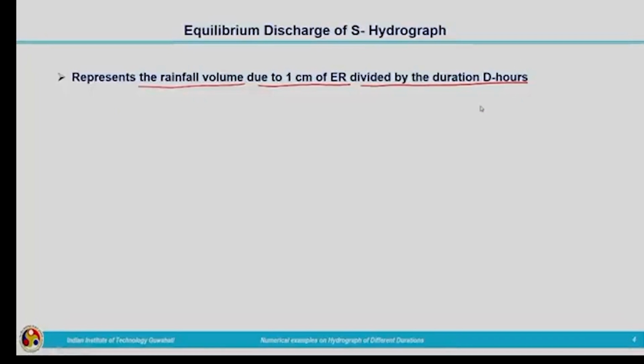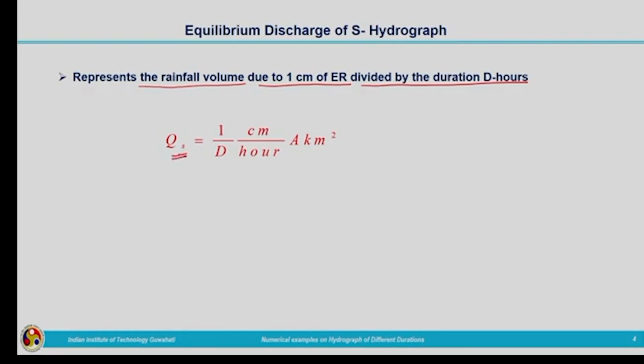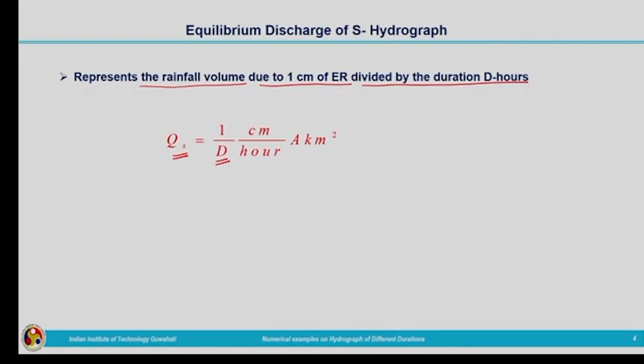So, this equilibrium discharge represents the volume of rainfall due to 1 centimeter of effective rainfall divided by the duration D hours. That is how we get the equilibrium discharge QS. Our intensity is 1 by D, 1 centimeter for a duration of D hours, and it is acting on the catchment area capital A kilometer square.